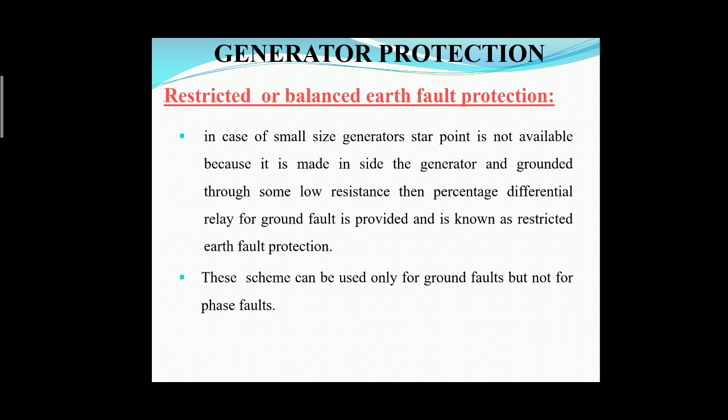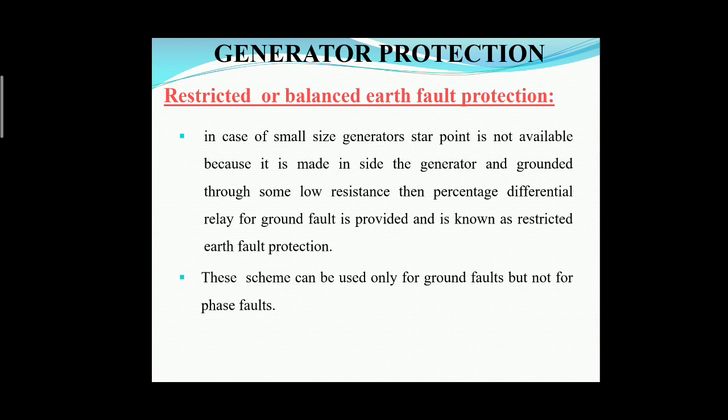Okay, this is the overall protection related to the restricted balanced earth fault protection. The first one is the differential protection. That differential protection has some disadvantages, which are overcome by using the differential protection with protective resistance.